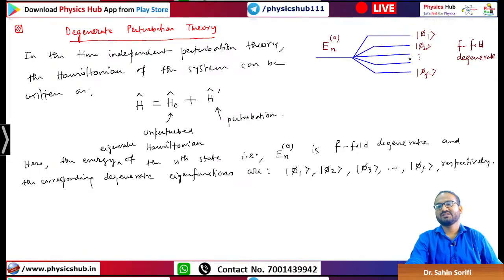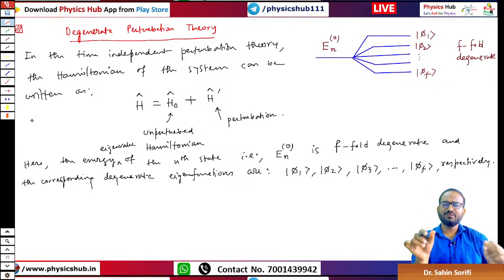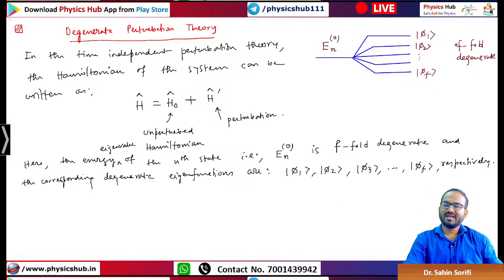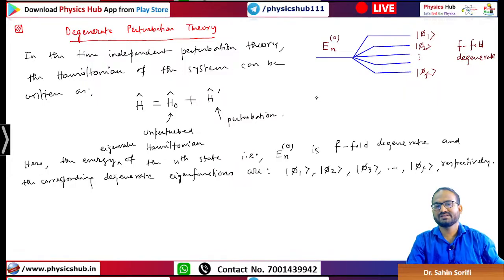Imagine it this way: this is after the perturbation effect. You can imagine you have f number of threads. When I talk about the same energy level shared by 7 threads, the 7 threads are combined together, all having energy En0.